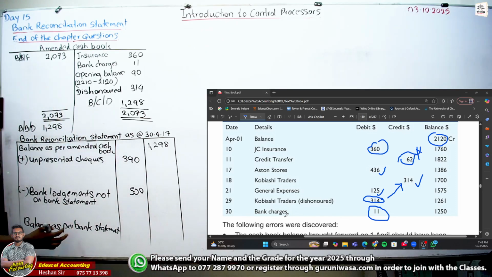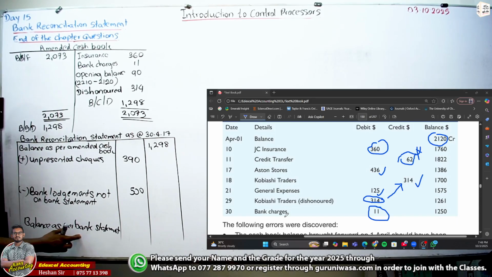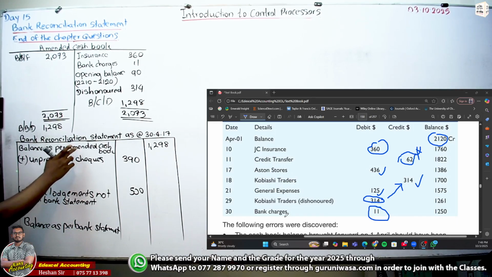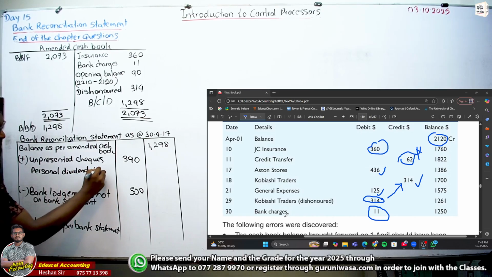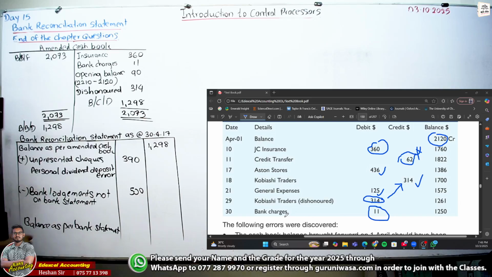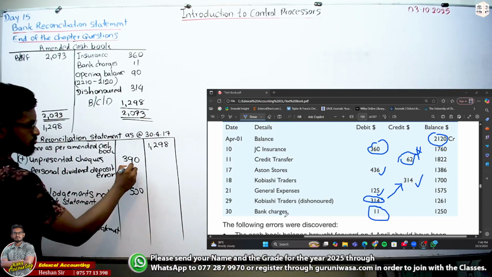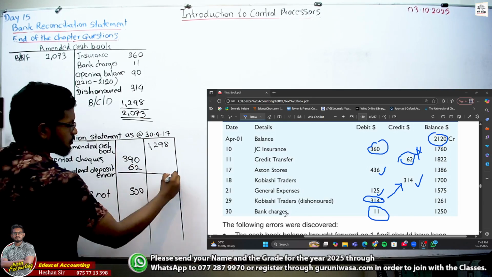Here we credited the bank statement, which means 100. Here not credited, which means 90. 90 plus 10 is 100, which means personal dividend deposit error. How much? 62. Now tell me the total.